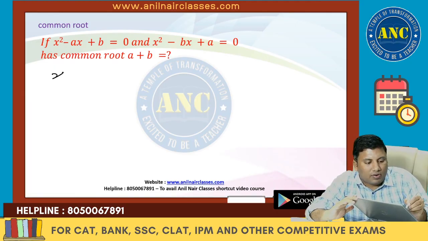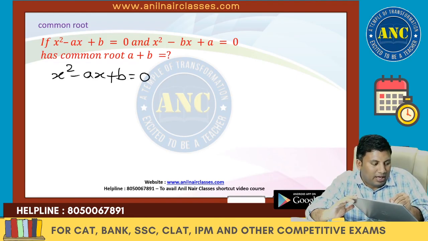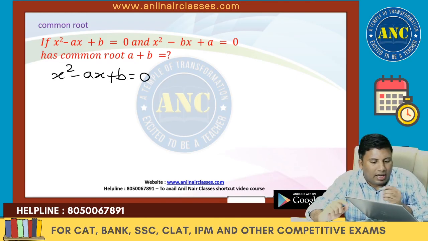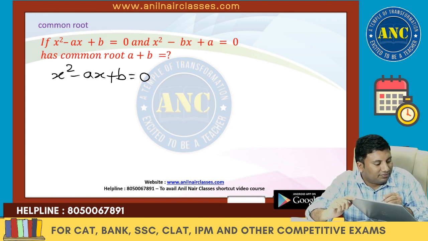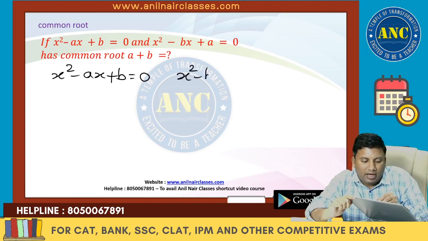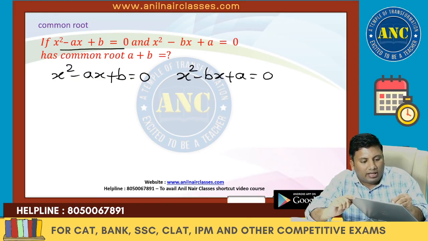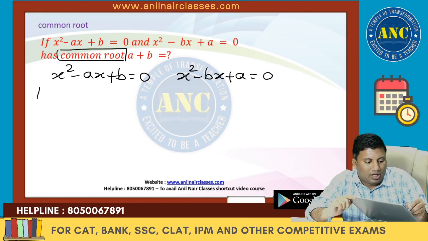x square minus ax plus b equivalent to 0 and x square minus bx plus a equivalent to 0. It has a common root. Let alpha be the common root.